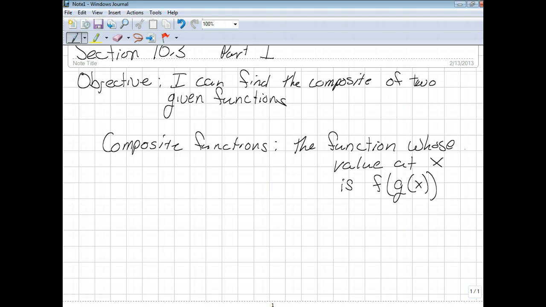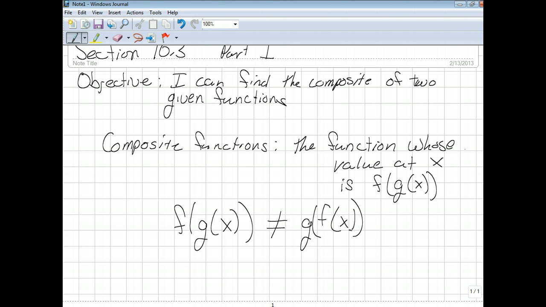Note that in composite functions order matters in general. So if f of g of x is one value, it is not going to be equal to g of f of x. Okay? So order matters.